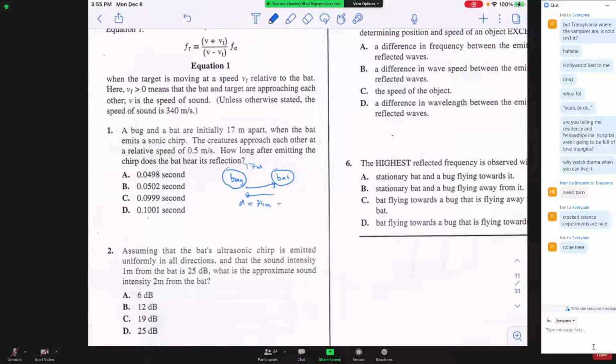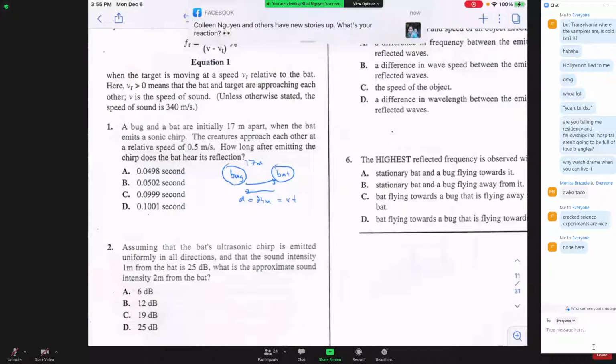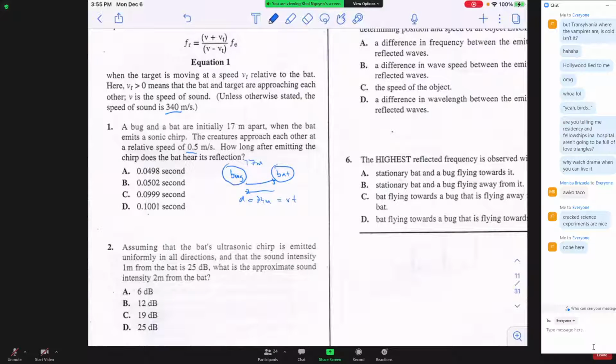And then that's equal to velocity times time, right? We know the velocity is roughly 340, because 0.5 is going to add diddly to that. So time is roughly going to be 34 divided by 340, or 1/10 of a second. That's if there was no movement between the bug and the bat, if sound was just being projected between them.